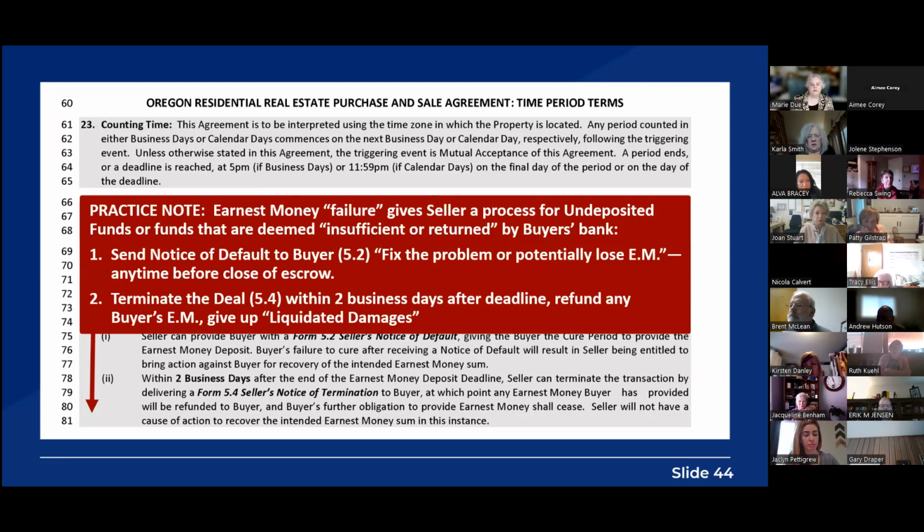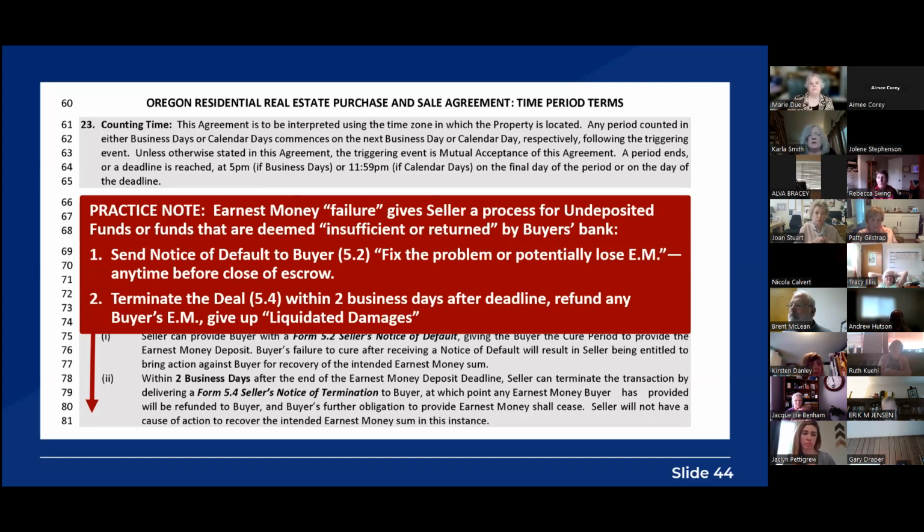Earnest money failure gives the seller a process for undeposited funds, or funds that are deemed insufficient or returned by the buyer's bank. One of the things we heard as we were putting all of this together, and I was actually shocked, was how many times the earnest money check comes in and it bounces. What we found out was that a lot of people don't keep that amount of money in their checking account.